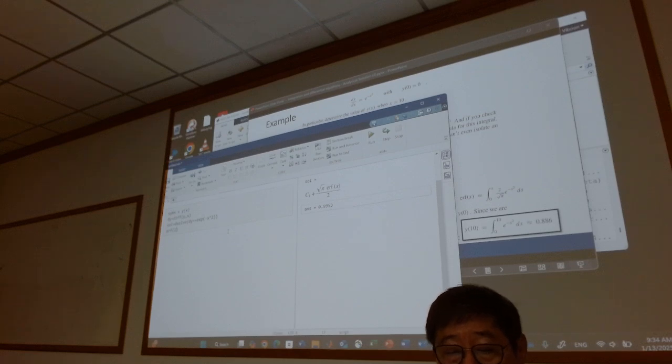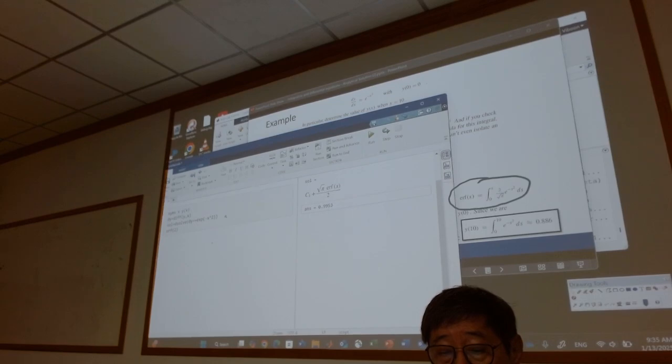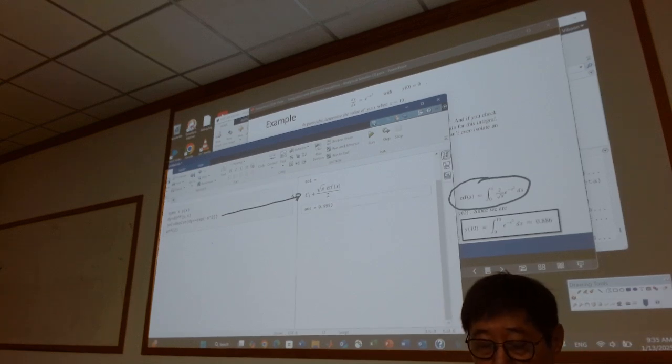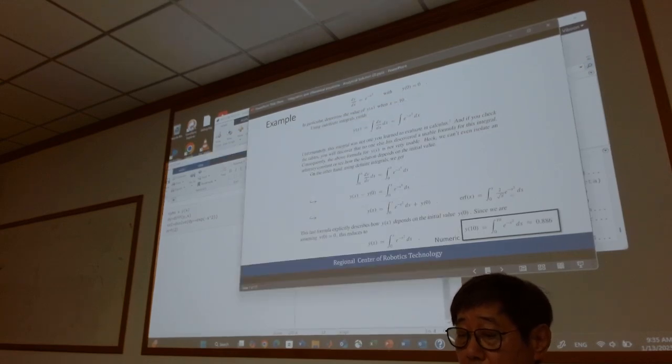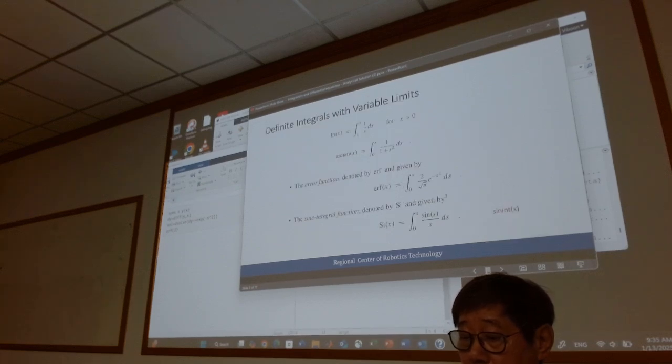See, solution this one. Okay, so in that case it's not integrable, it cannot be integrated, so it must be solved by numerical method. Okay, you have this one.